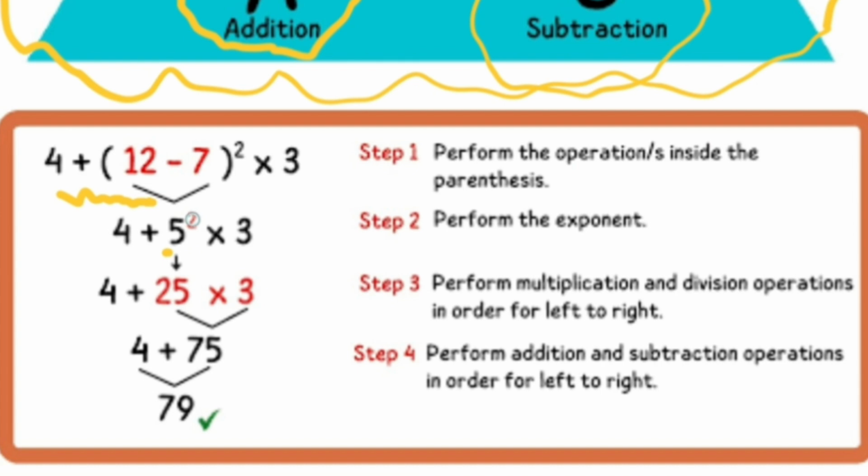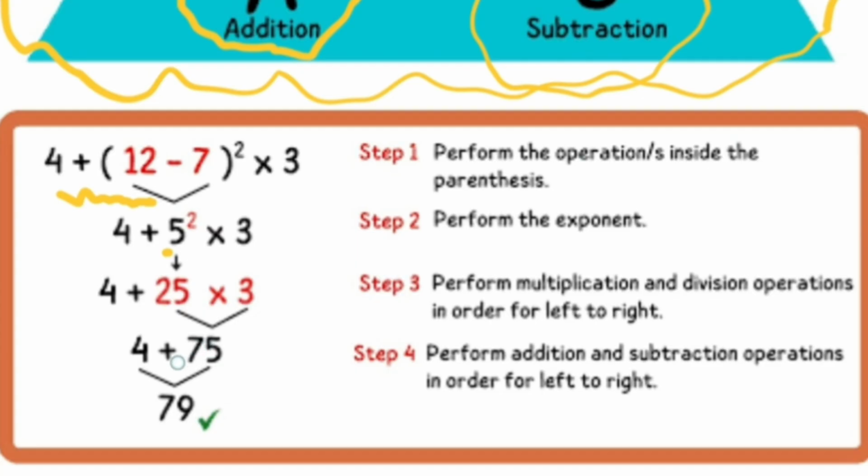And again, we have to solve the exponent, right? 5 squared means the number is multiplied by itself 2 times, so 5 times 5 is 25. Then we move to multiplication: 25 times 3 is 75.